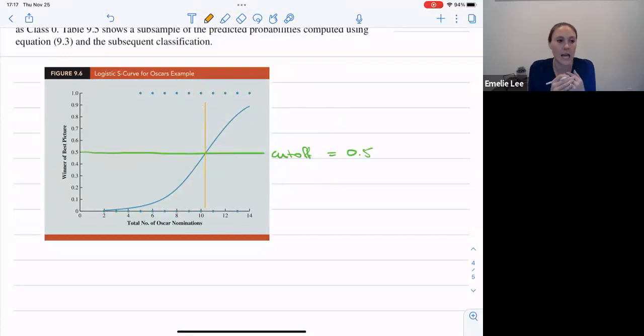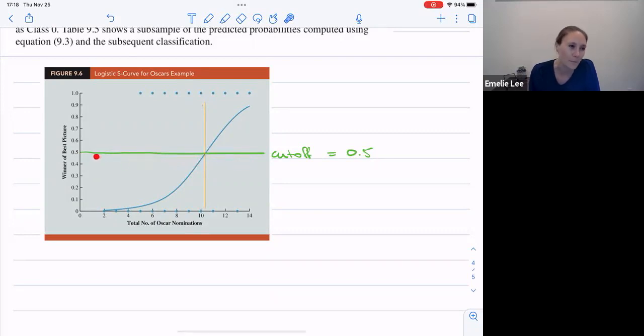But roughly at a little over 10 nominations, so you'd have to have more than 10 nominations in order to have a probability of higher than 0.5 of winning, right? So we can use this curve and we can find the cutoff. Now, remember, I'm not drawing very well. This is probably not straight. You'd have to use software, right?